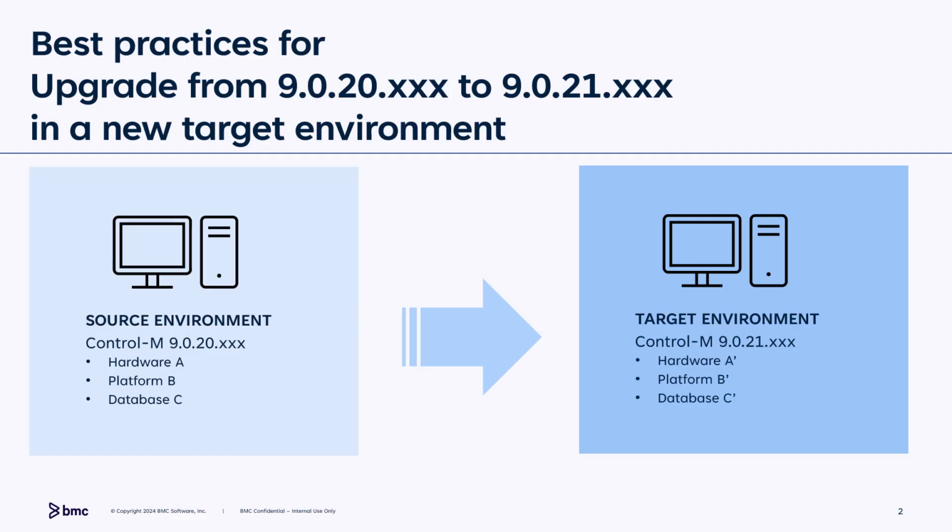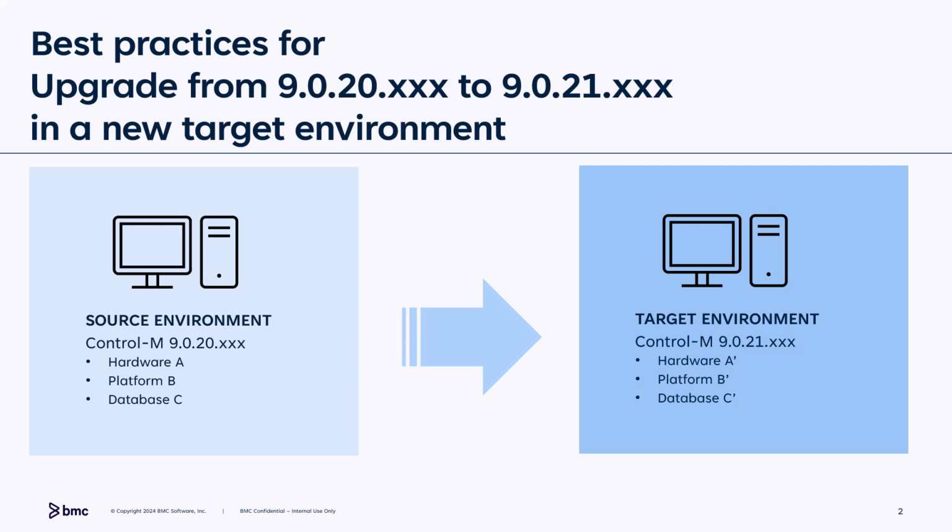What are the reasons one would choose to upgrade Control M to a new environment rather than perform an in-place upgrade on an existing environment? The three key reasons are hardware. The new version may have different hardware requirements that the current environment cannot meet. The second reason is platform. There may be a need to move to a new OS vendor or a different OS level.